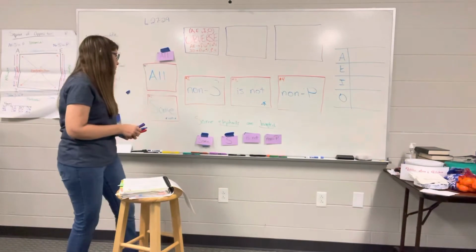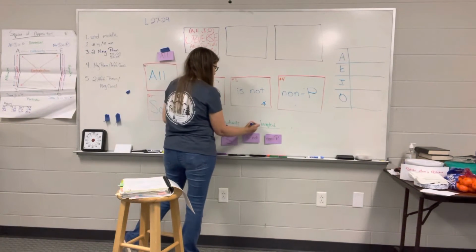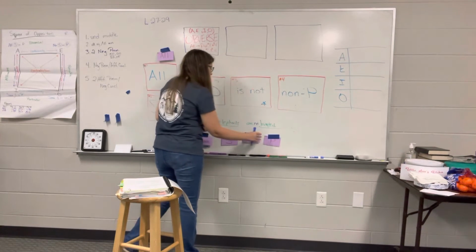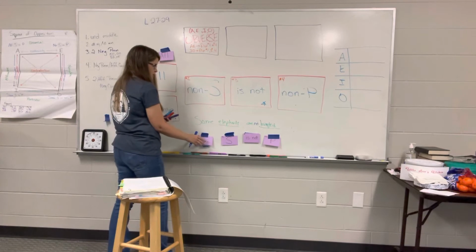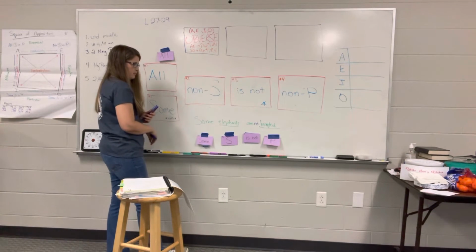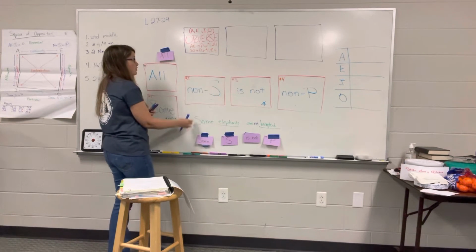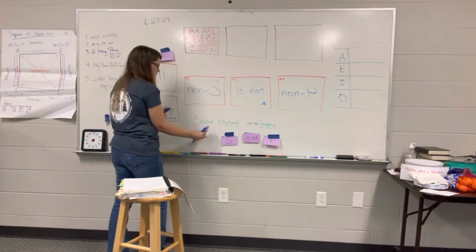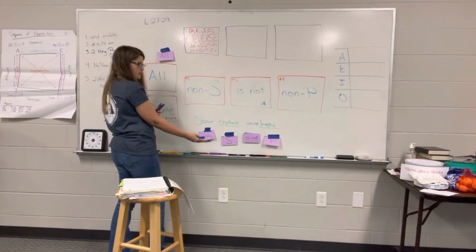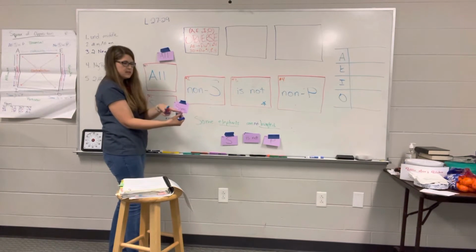Okay, now an O statement. Let's start it this way: some elephants are not hunted. We always start our cards back with how it starts. We're going to flip over 1, 3, and 4. The point is that it's going from some not to some. So in an O statement, we start with our side up that says some not.